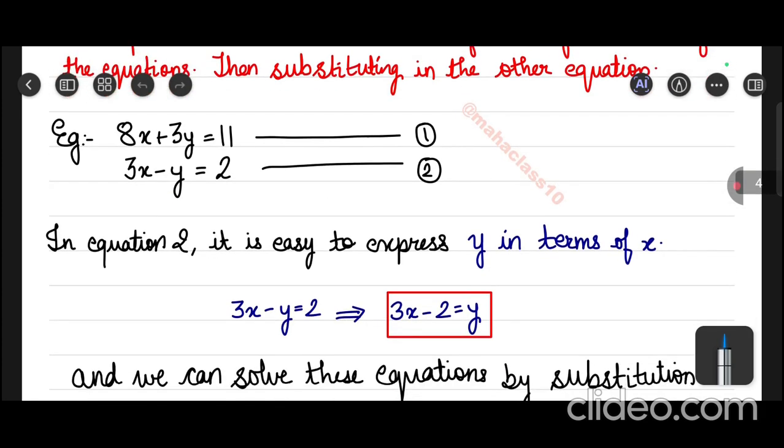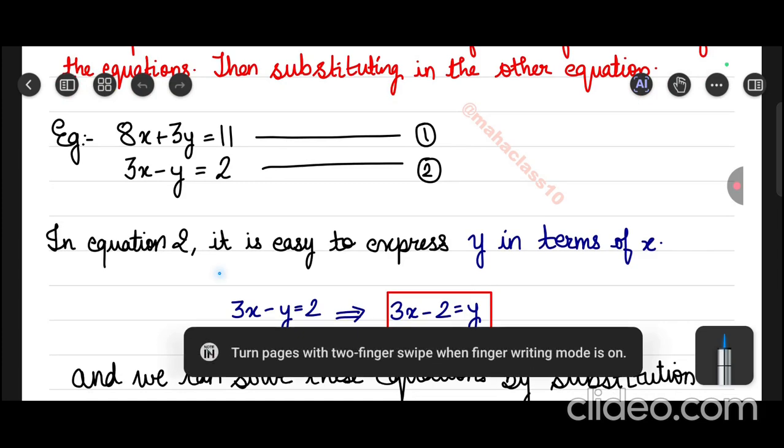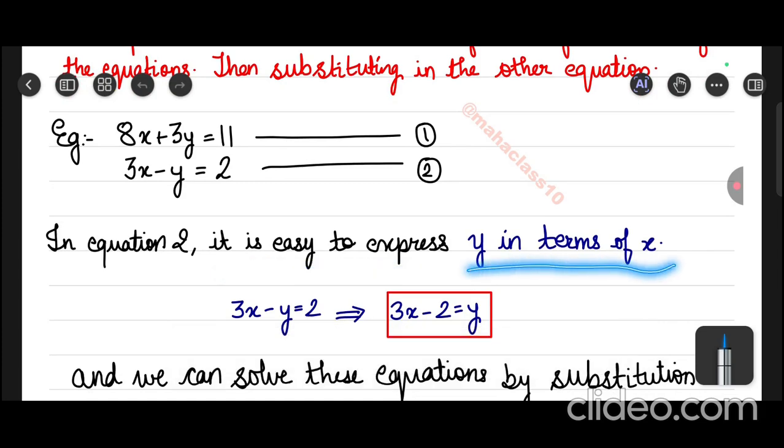Now, in equation 2, it is very easy to express y in terms of x. Look at this, 3x minus y equals 2. We can isolate the term y by taking the x term to the other side.